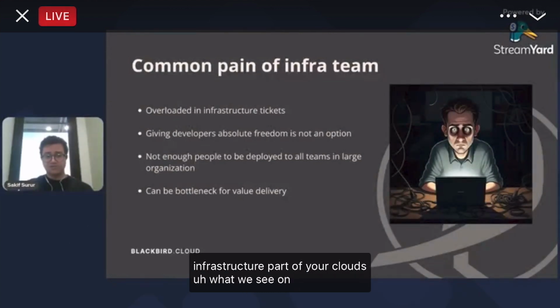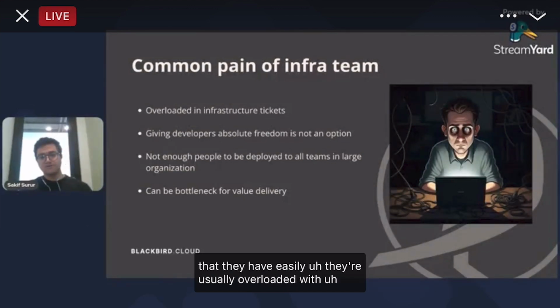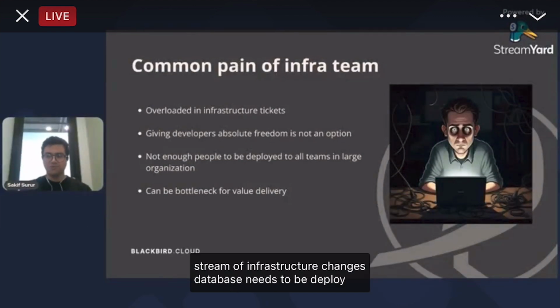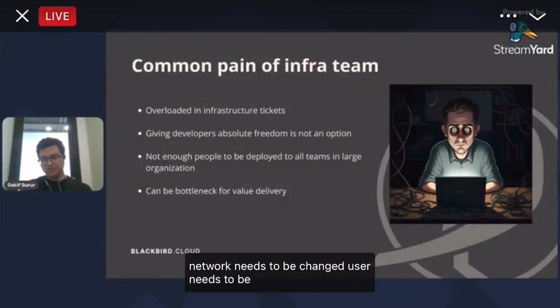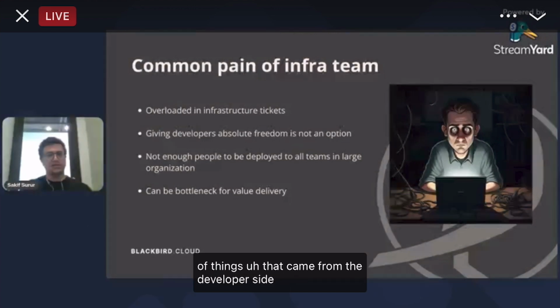What we see on a normal basis is that they're usually overloaded with infrastructure tickets. There is just a stream of infrastructure changes. A database needs to be deployed. A network needs to be changed. A user needs to be created, and those kinds of things that come from the developer side.